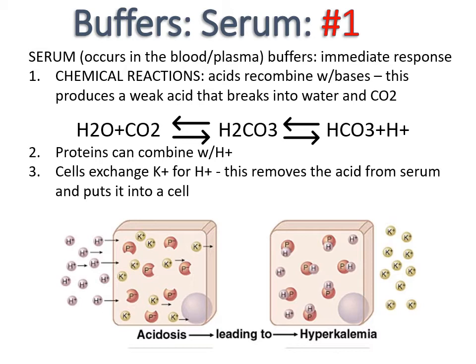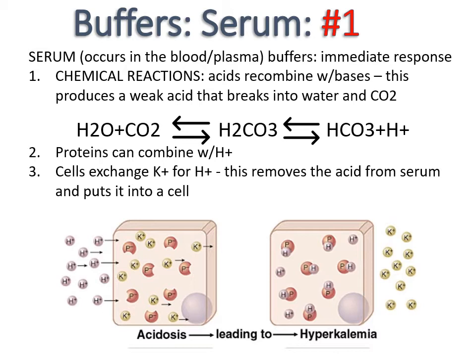So let's look at the right side. H+ is acid. So if you start to build up acid in your bloodstream, it'll combine with bicarbonate, which is a buffering molecule, and it'll go all the way to the left and become H2O and CO2. And we're going to talk about this one in the next example of buffering systems, which will be the respiratory system.